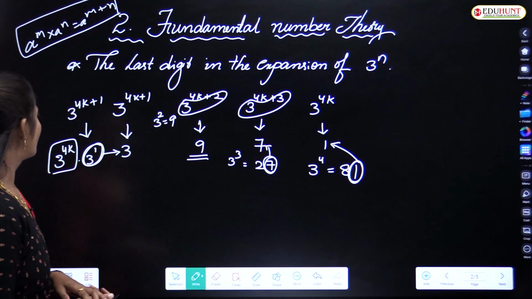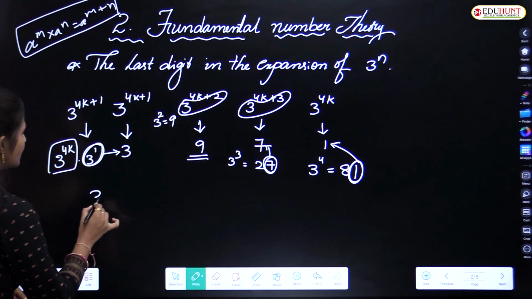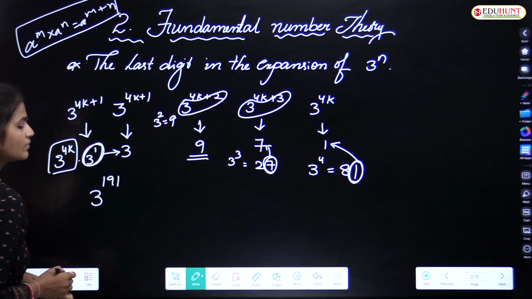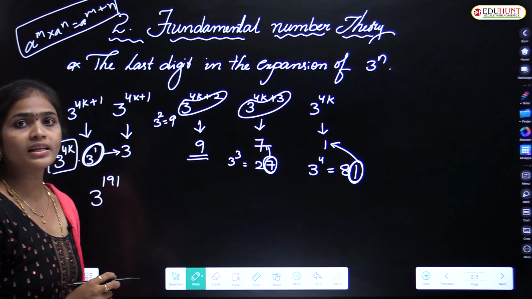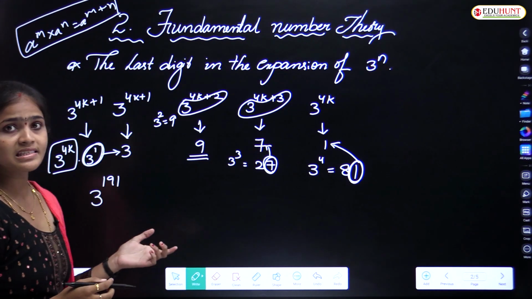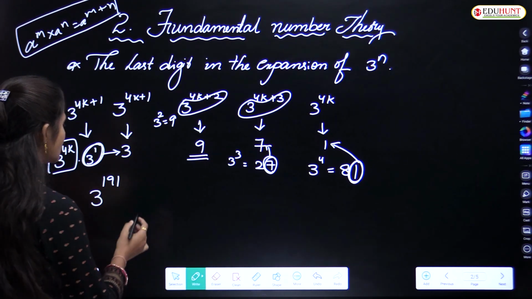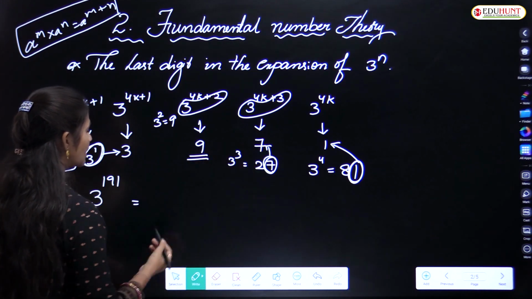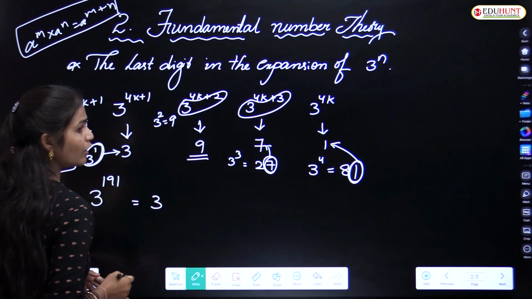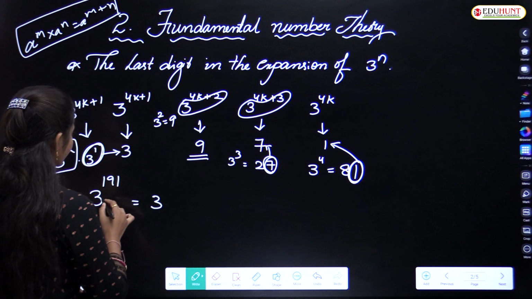Okay, so my question is 3 power 191. What is the units place digit after the expansion of 3 power 191? Just convert that number into the form of 4k plus 1, or 4k plus 2, or 4k plus 3, or 4k.